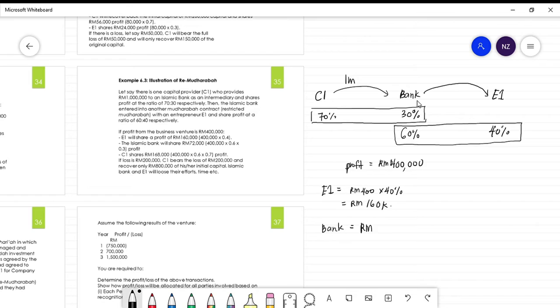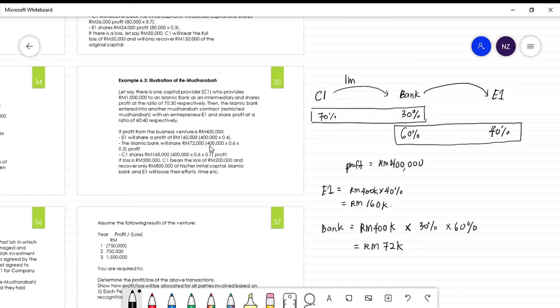So now take 400k times both 30% and 60%. So you will get RM 72K. Okay, can you see? In this slide it explains the Islamic Bank will share 72K profit.